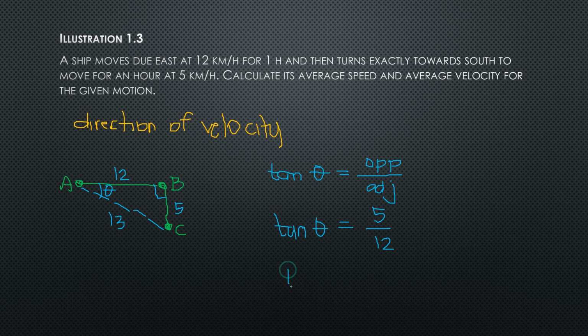Solving for the direction, that gives you theta, simply dividing both sides by tangent, so this becomes arctan of 5 all over 12.